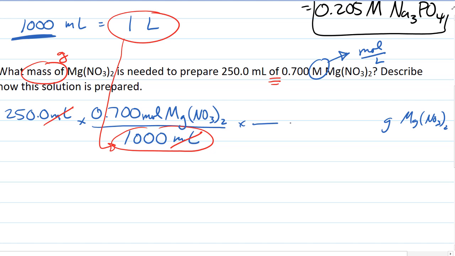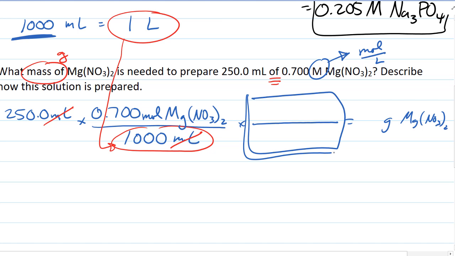So at this point, what do we need to do for our units? This is going to be what type of conversion? Molar mass, right? And the molar masses are always the number of what? It's the number of grams for every 1 mole.